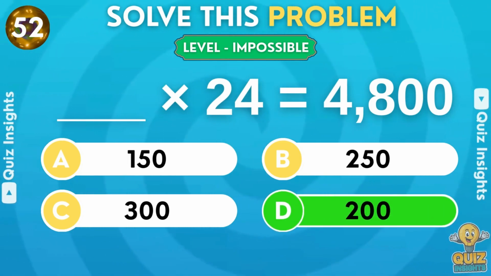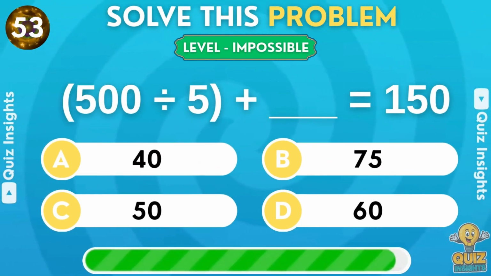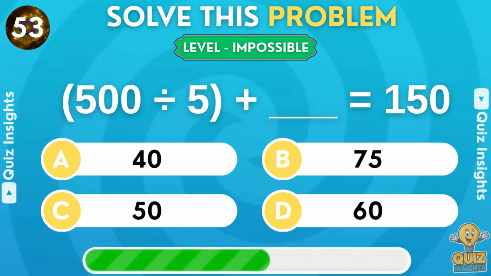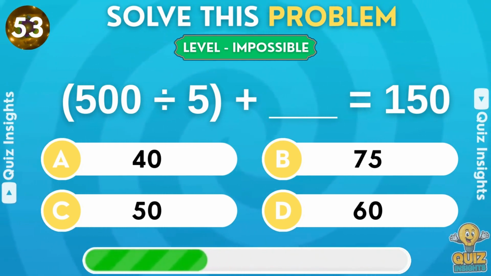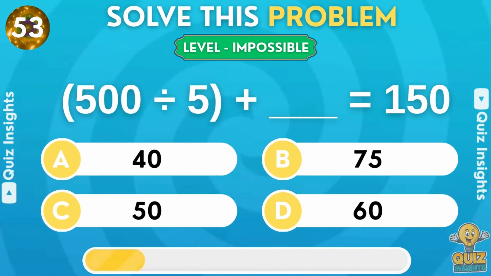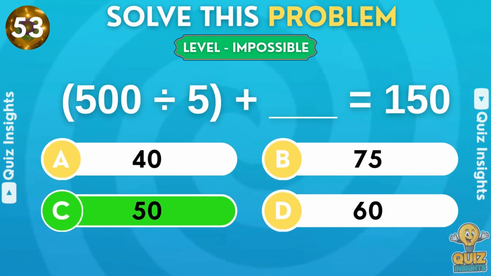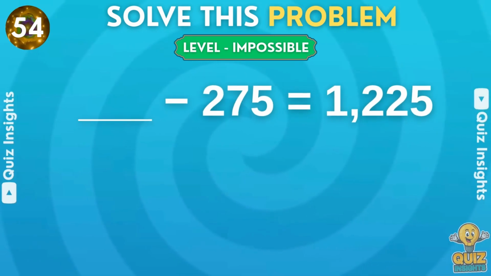It's 200. 500 divided by 5 plus what number equals 150? Yes, it's 50.